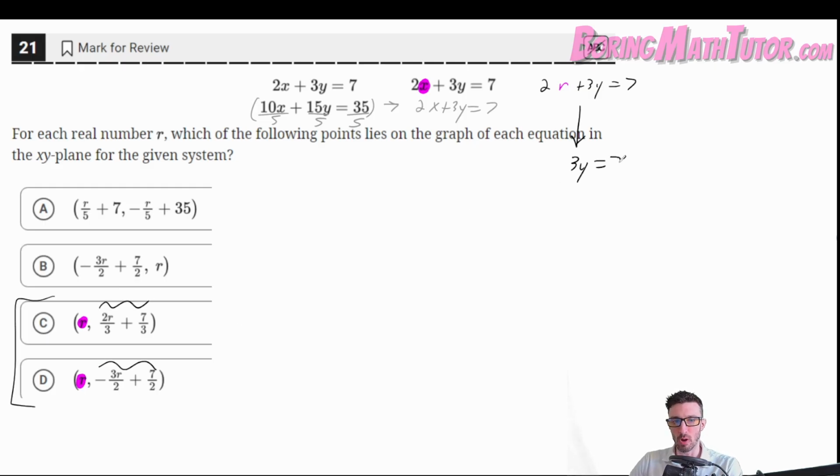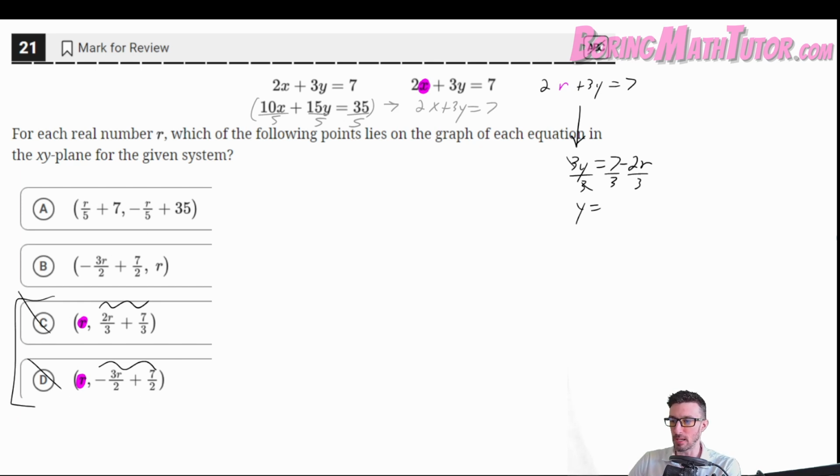So that would mean 3y equals 7 minus 2r. If I divide everything by 3, then I end up getting y equals 7 over 3 minus 2/3 r. Do I see that anywhere? 7 over 3 minus 2/3 r. I don't actually see that. And I don't see that in D either. So it looks like it's not C or D.